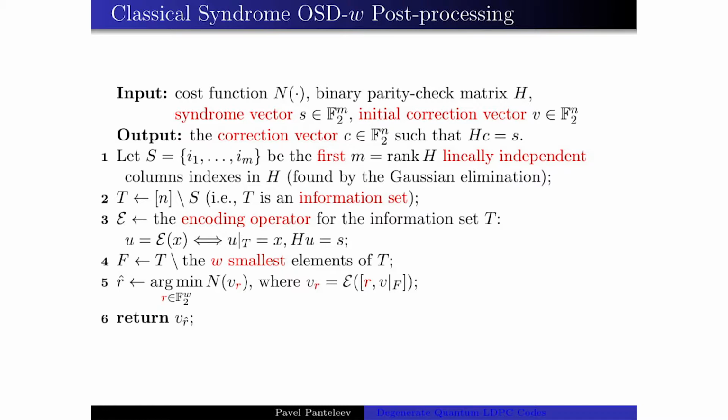So we first find m linearly independent columns using Gaussian elimination. Then we use all other positions as the information set. And then we perform the encoding operation for this information set.